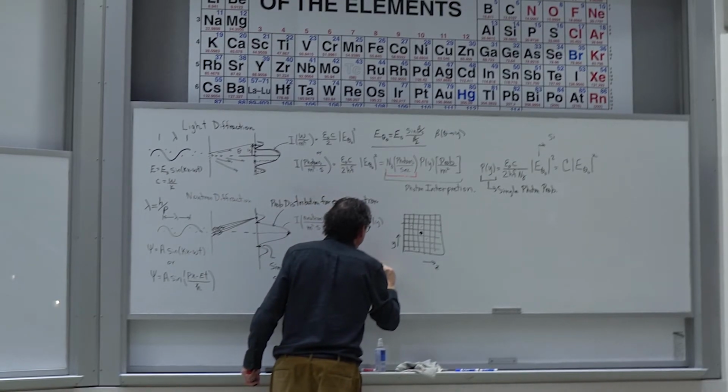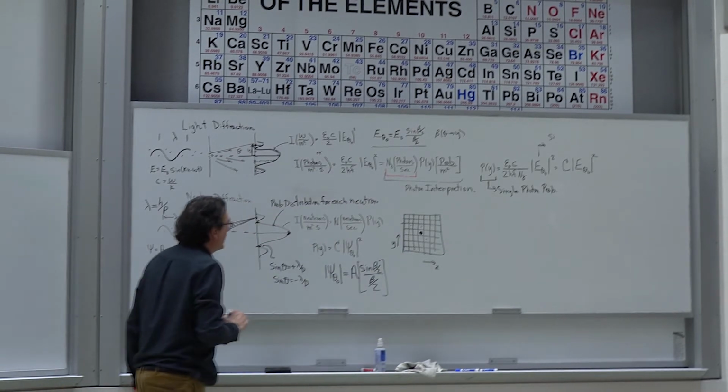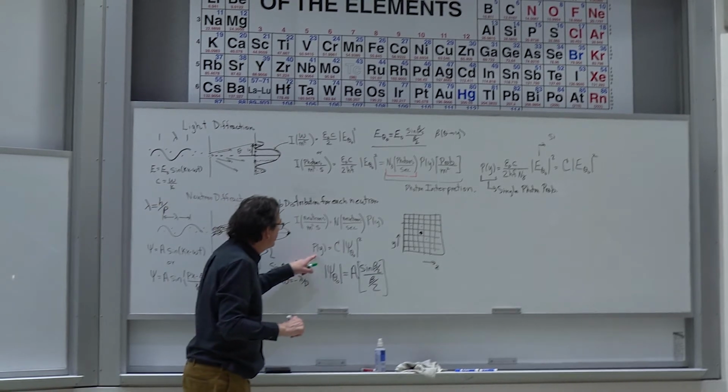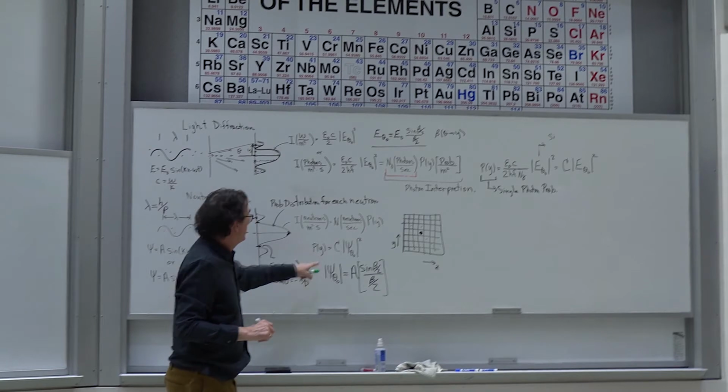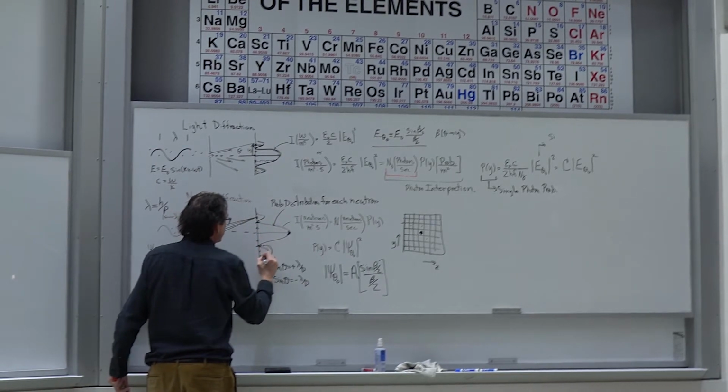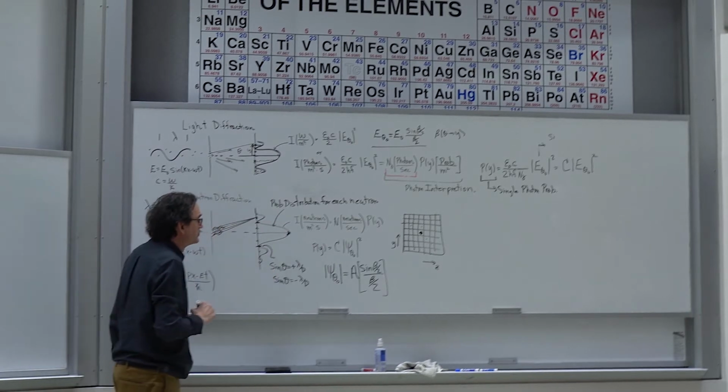Sine beta over 2 divided by beta over 2. And if I square that, then I get the probability of where it's going to land. Whether it's going to land here, here, here, or here, it'll give me the probability distribution.